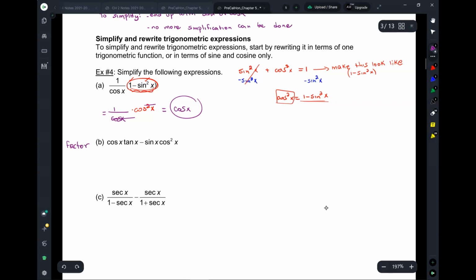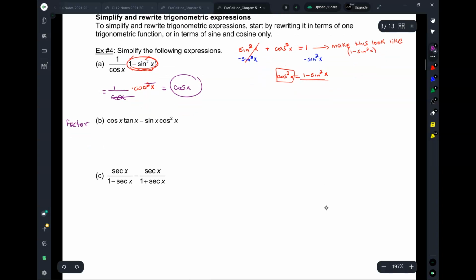Look at what we have here: cosine, tangent, minus sine cosine squared. So before I do anything, why don't I rewrite the tangent as sine over cosine? Minus sine x cosine squared x.